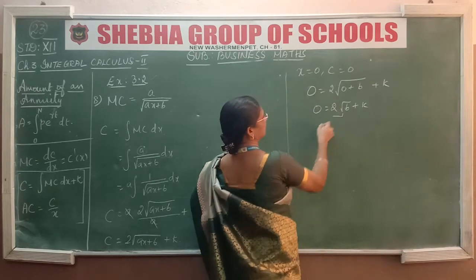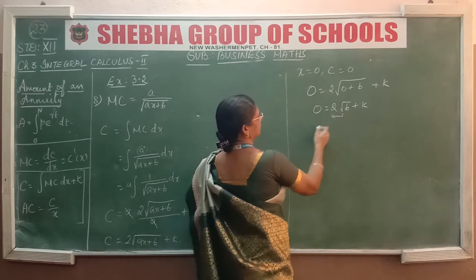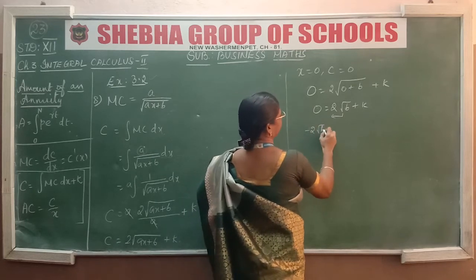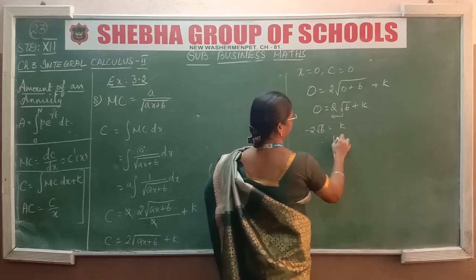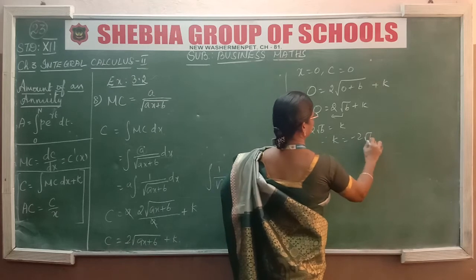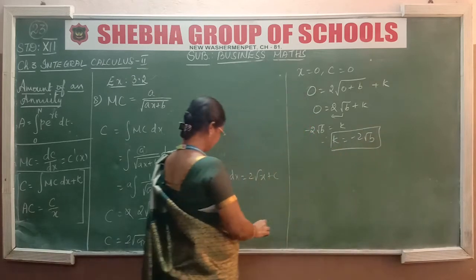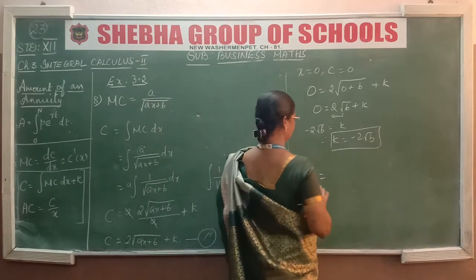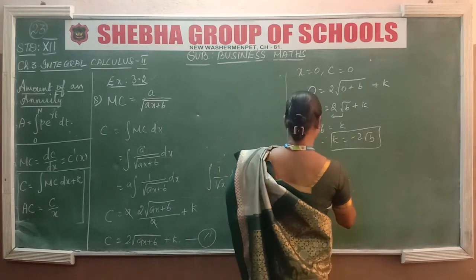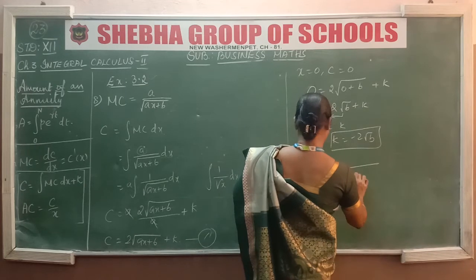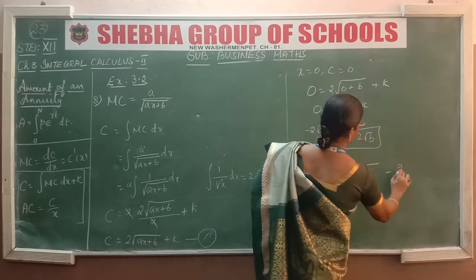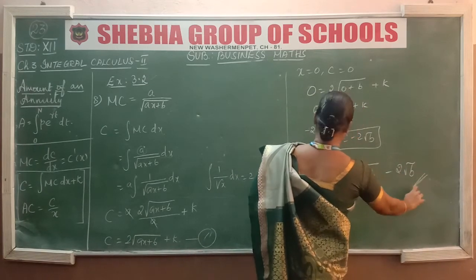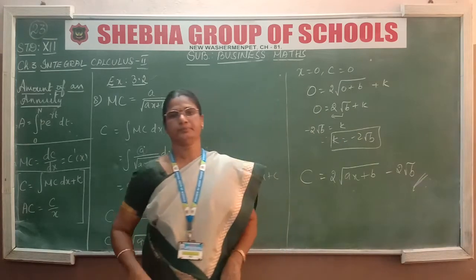So bring this 2 into root b to the left hand side, we get minus 2 root b equal to k. Therefore our k is minus 2 root b. Substituting this in the cost function, we get c is equal to 2 into square root of ax plus b minus 2 into root b. This is our cost function, understood?